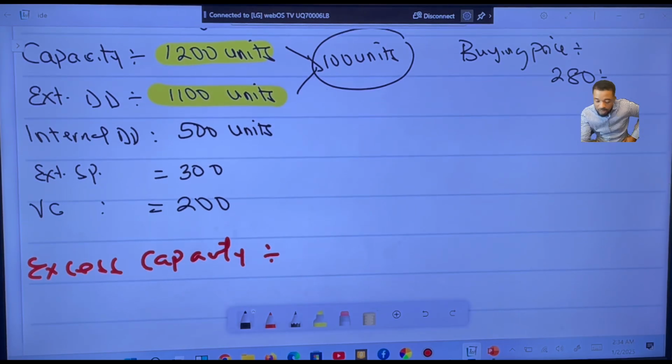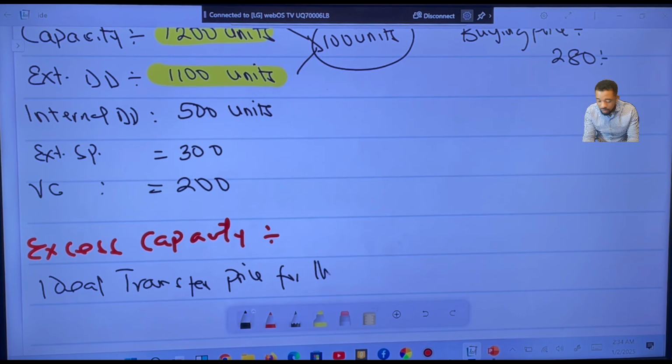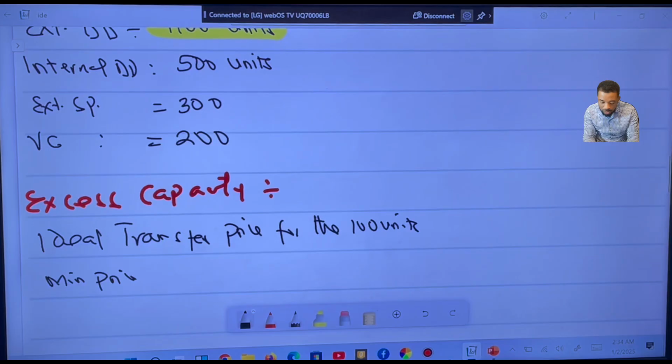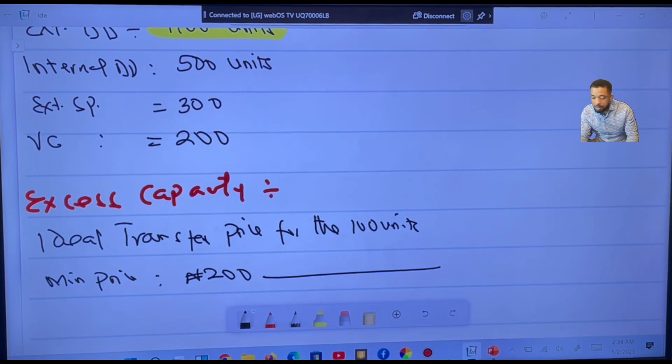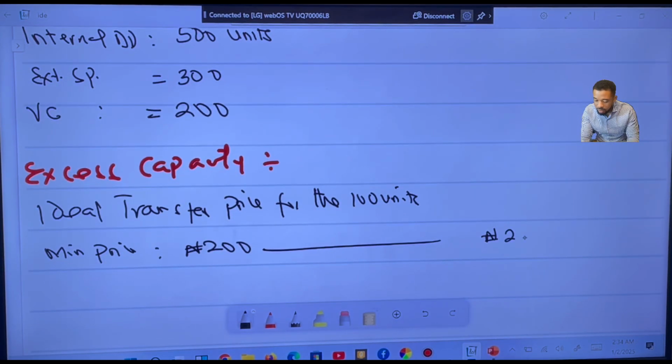It means that for this 100 units, the ideal transfer price, the minimum price, is 200, which is the variable cost, up to the maximum of how much this guy can buy from external, which is 280. So the price for this is between 200 and 280.